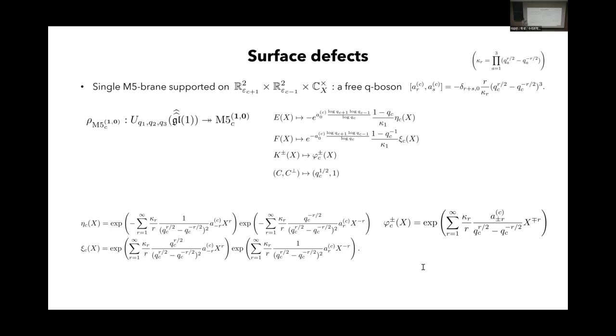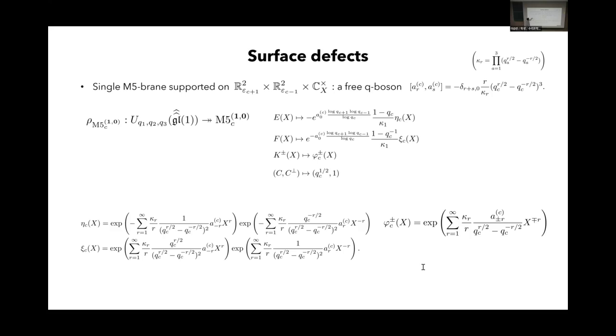So anyway, they're expressed in terms of those modes AR in a complicated manner. One thing you may note is that the value of C is not 1, but C has to map to Q C to the power of 1/2. So that's the one difference compared to the previous case.